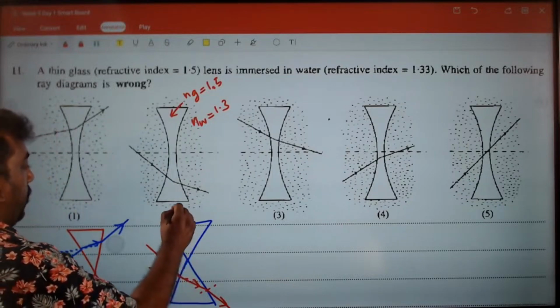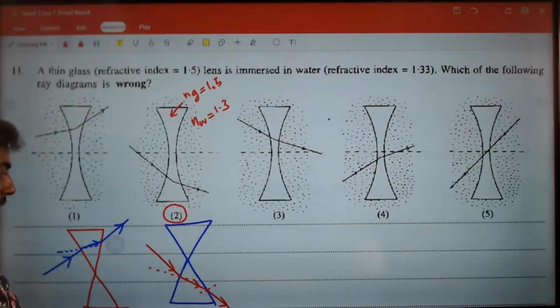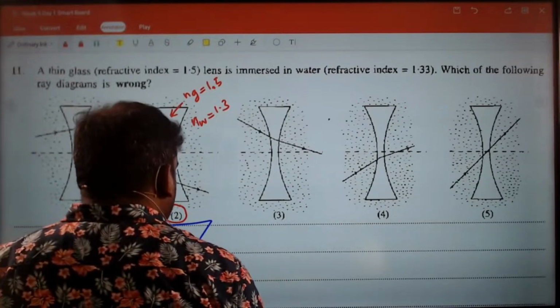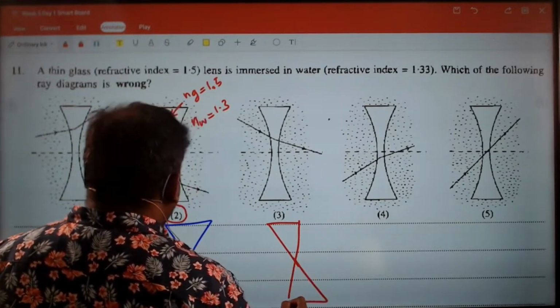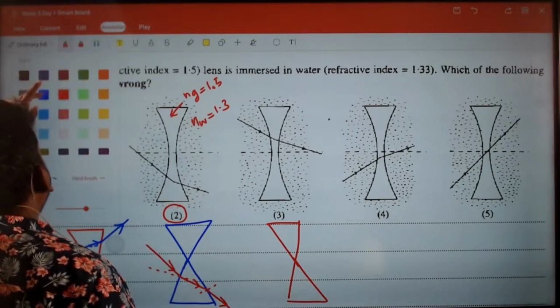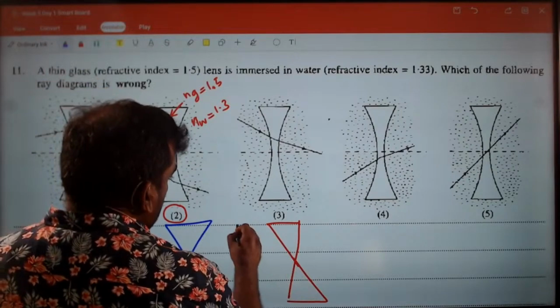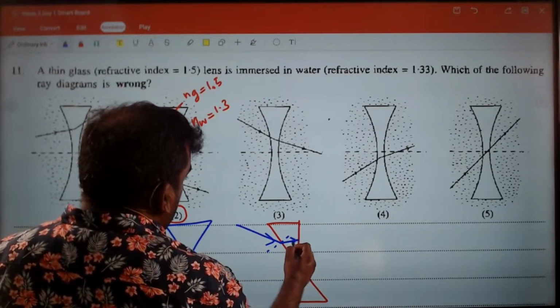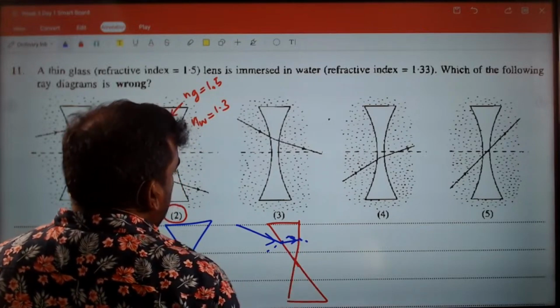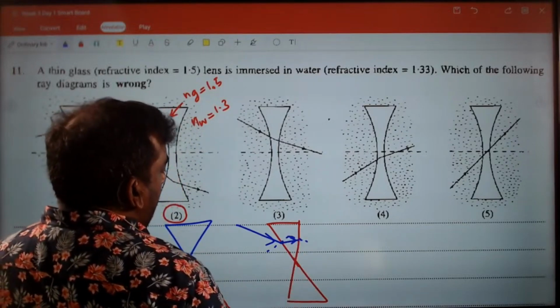So going towards, this is the issue. There is an issue there. Look at this one carefully. Here, rarer to denser, towards.